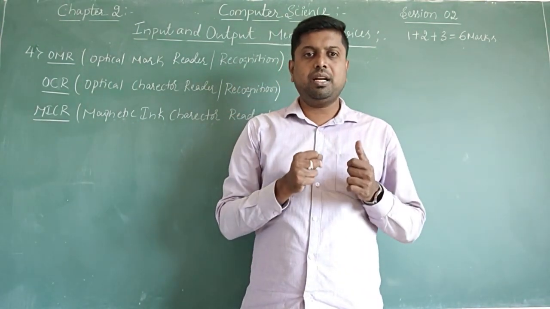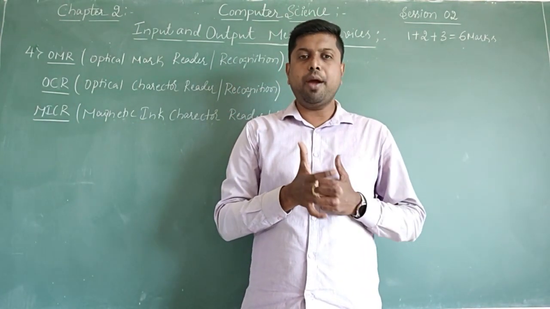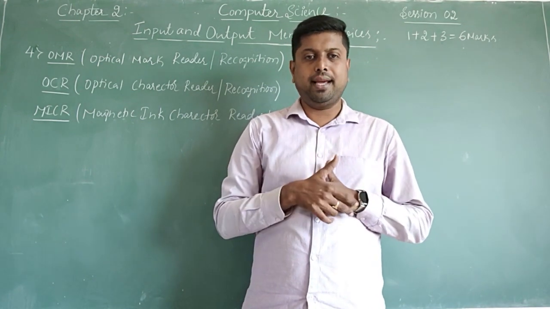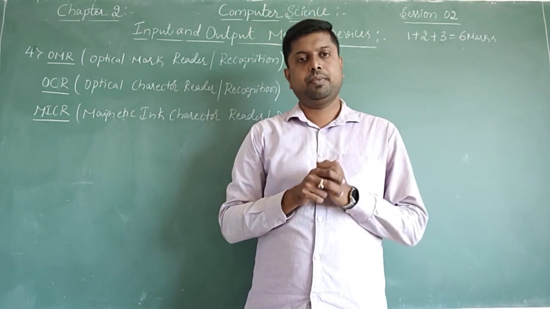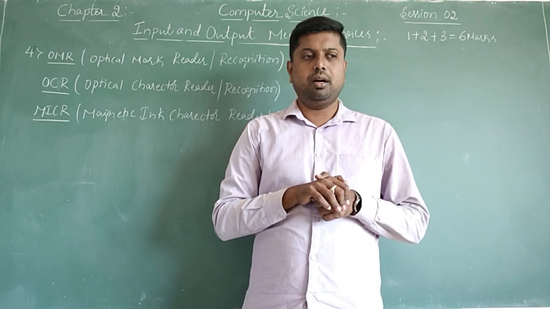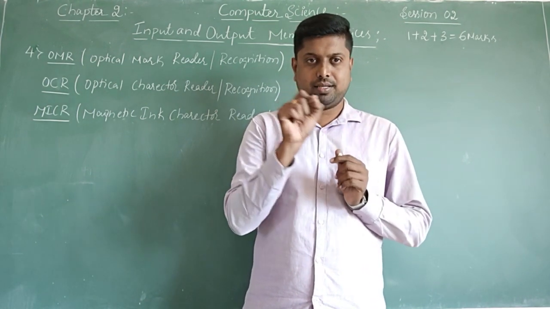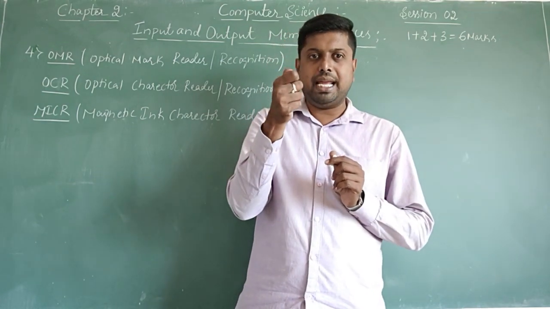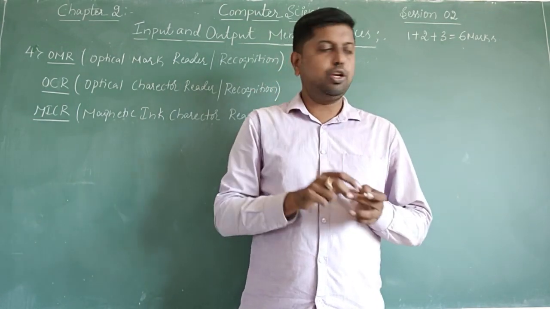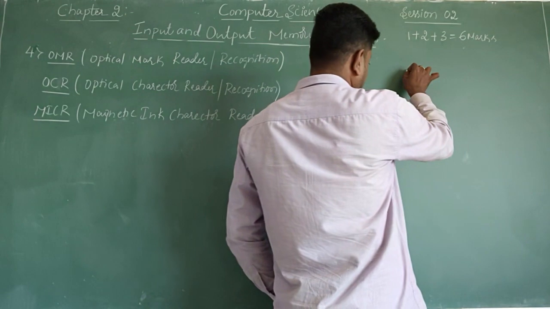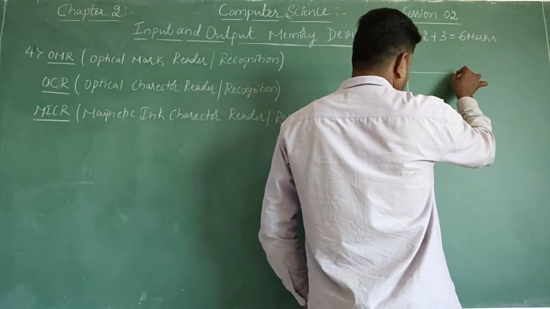Optical mark reader, OMR, we usually call it an OMR reader. For some types of marks, we need a scan. Usually you will get sheets like OMR sheets like this.